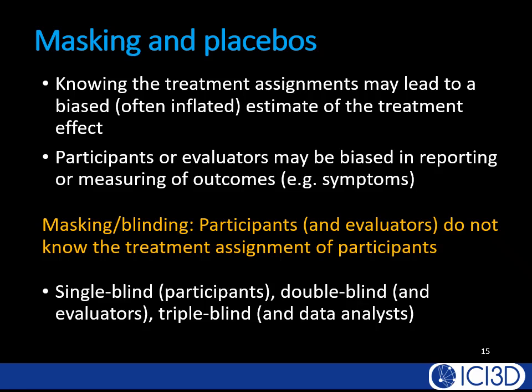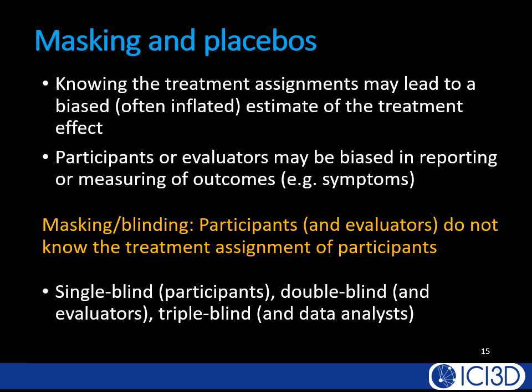Masking or blinding is when participants and sometimes evaluators do not know the treatment assignment of participants. There are different types of blinding. In a single-blind experiment, the participants do not know the treatment assignments. In a double-blind study, the evaluators also don't know the assignment.